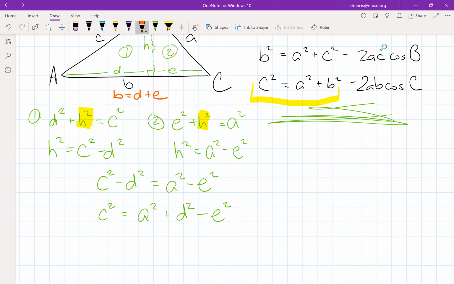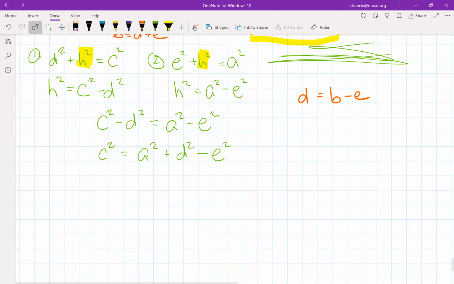That's pretty easy to see, I hope, right? So that means side length d is going to be b minus e. So let's plug that in for d down over here. So c squared is going to be equal to a squared plus the quantity b minus e squared, minus e squared.